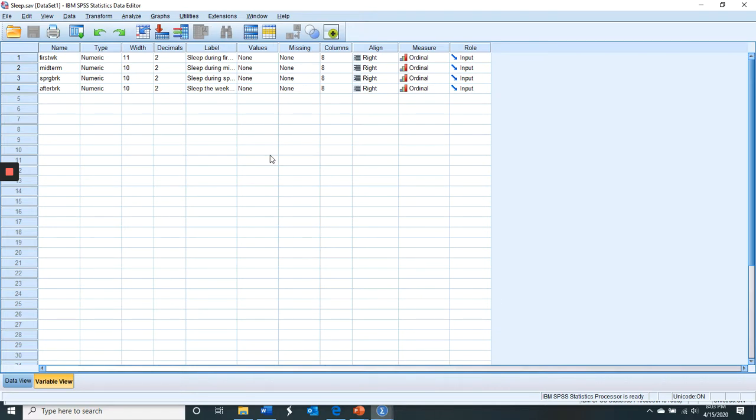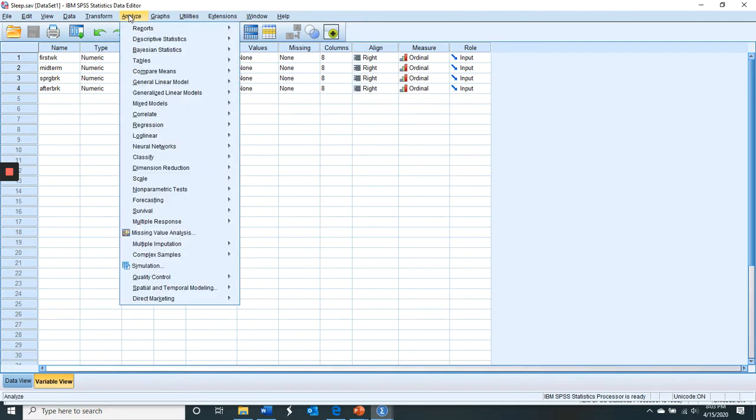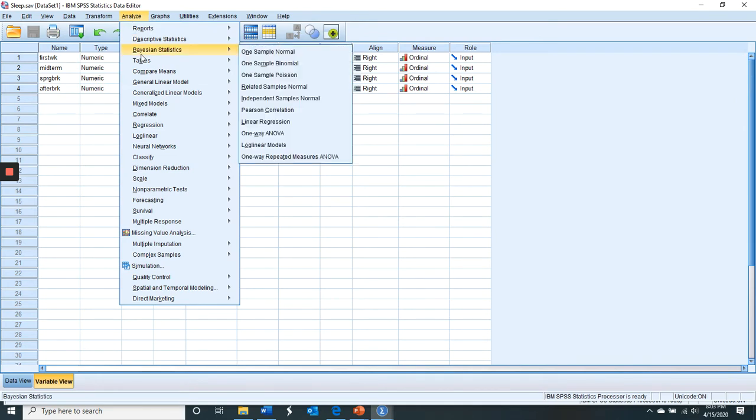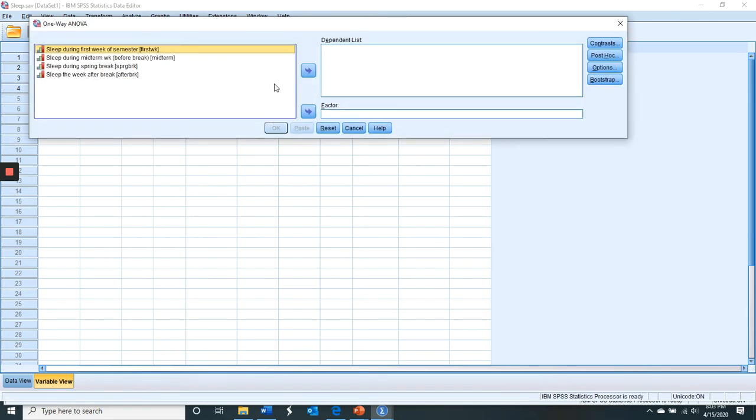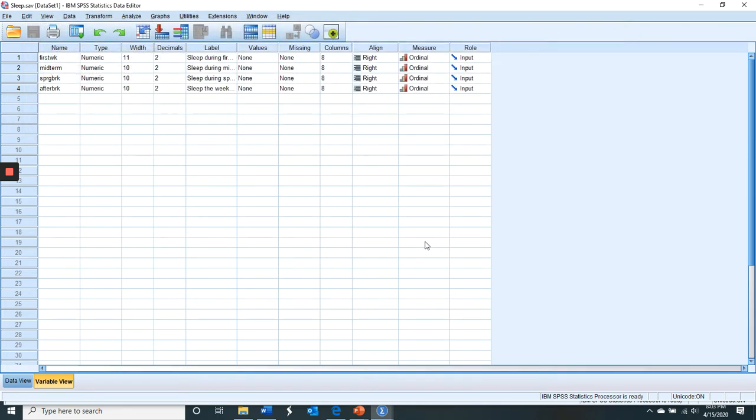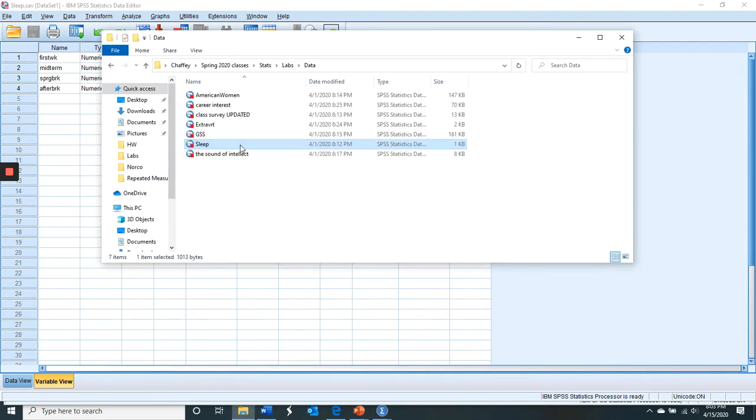And so the steps are analyze, compare means, one-way ANOVA. We click that. And actually, we were using something else for this, but I feel like I want to use the appropriate thing.